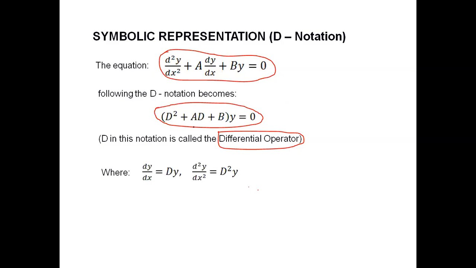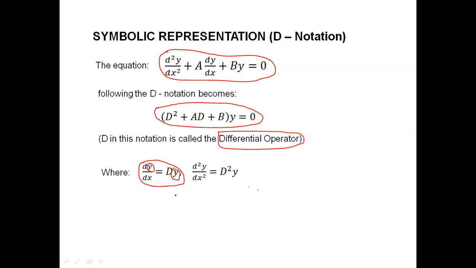So now, what does this D stand for? For a single differential coefficient where you differentiate once, like in the first case here, dy over dx is equal to Dy. So this implies that if we remove the y from this notation, then here we'll remain with the D only.